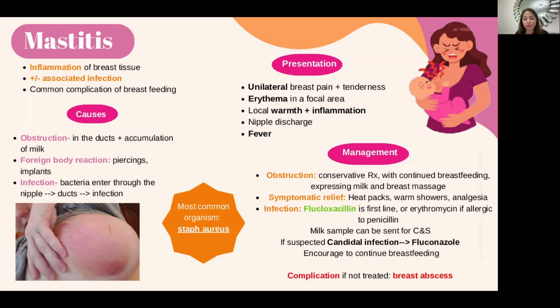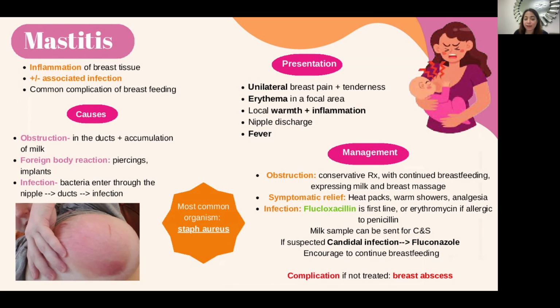It can be quite painful and uncomfortable for them, but it's very important to give that advice that they can continue breastfeeding, and they should do, to express milk. And they can also have breast massages that can help with the flow as well, especially in obstruction. You can provide them with heat packs, or advise them to have warm showers, and obviously give them analgesia just to manage their pain if there's no associated infection.